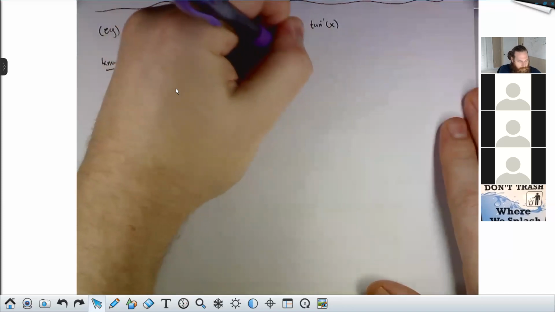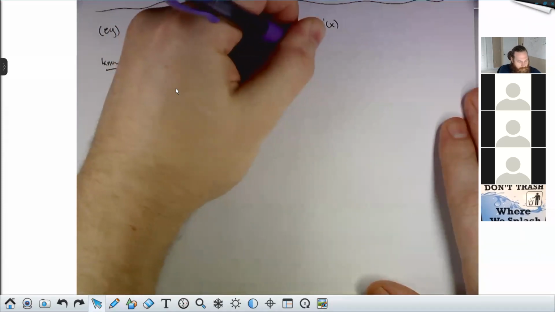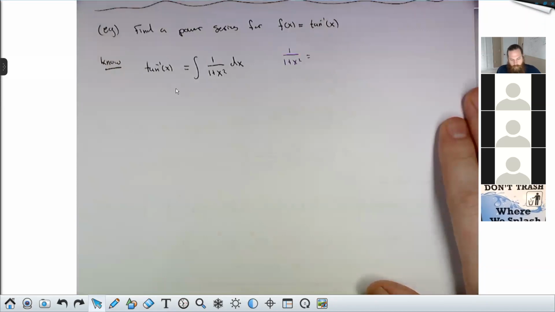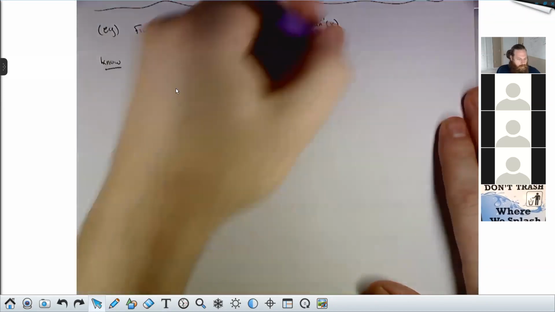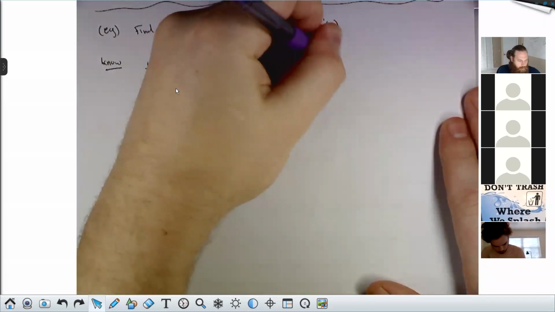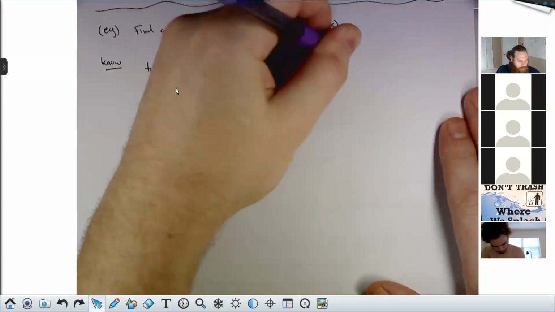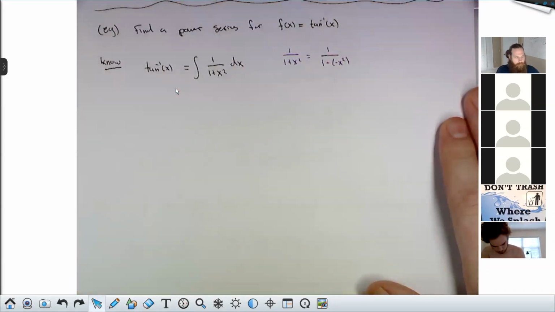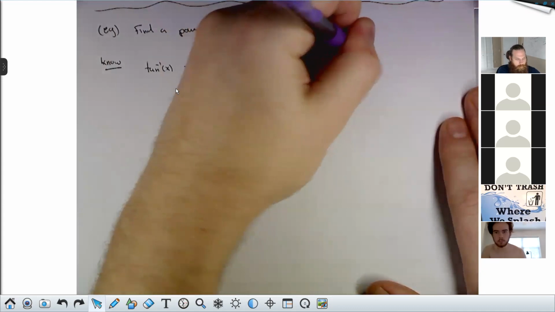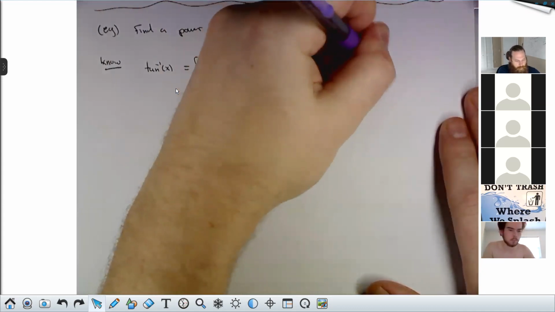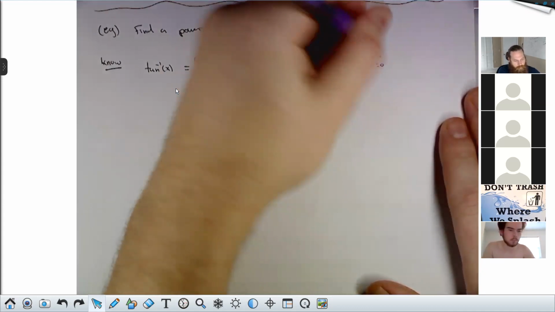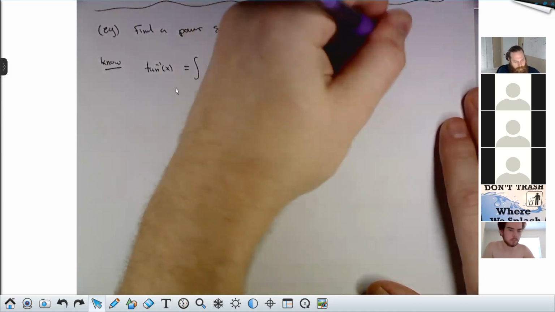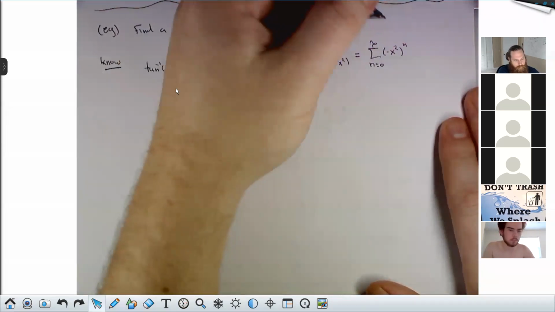One over 1 plus x squared is 1 over 1 minus negative x squared, which is sigma n from 0 to infinity, negative x squared to the n.